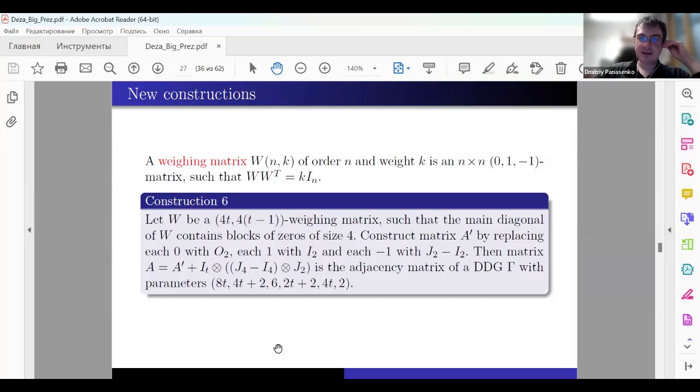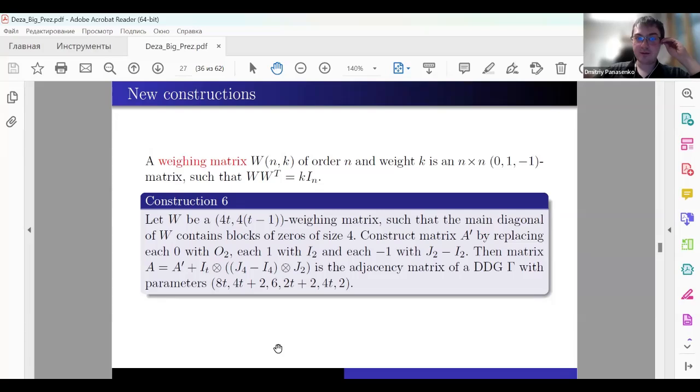then we can construct matrix A prime by replacing each 0 with a 0 matrix of size 2 by 2, each 1 with the identity matrix of size 2 by 2, and each minus 1 with the matrix of 1s minus the identity matrix of size 2 by 2.